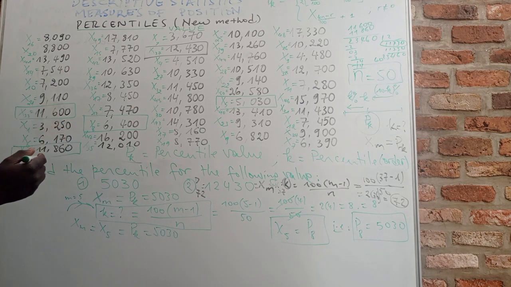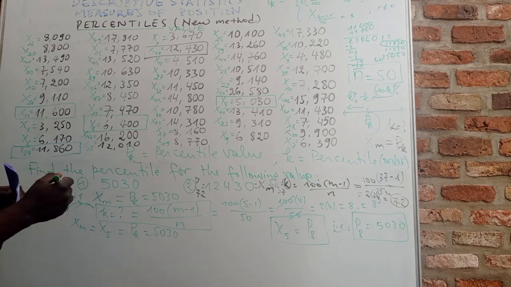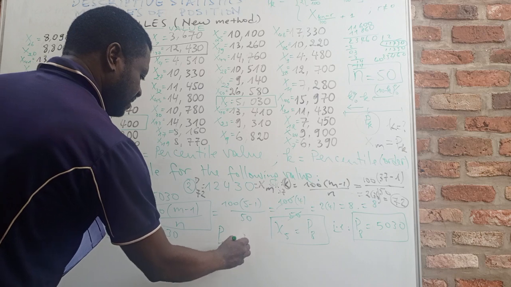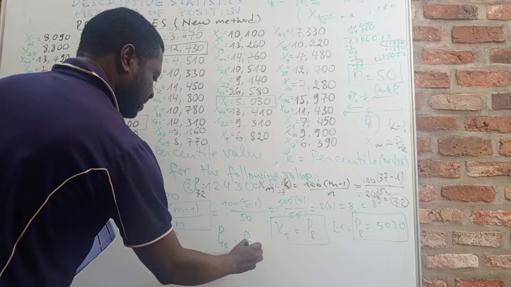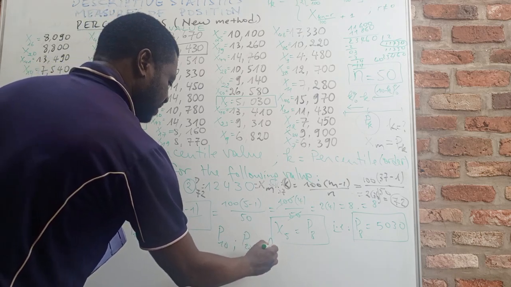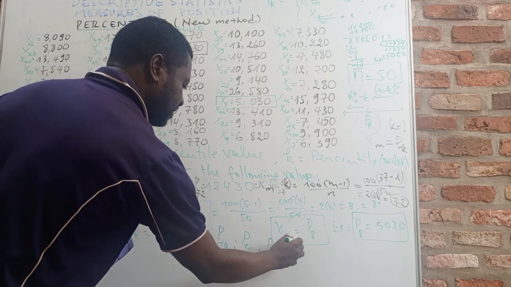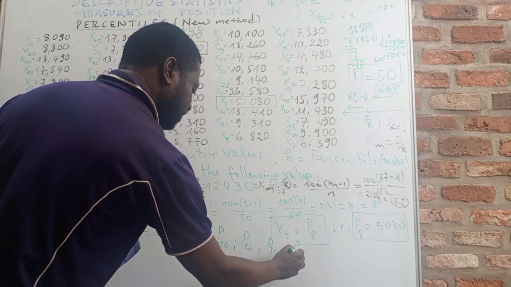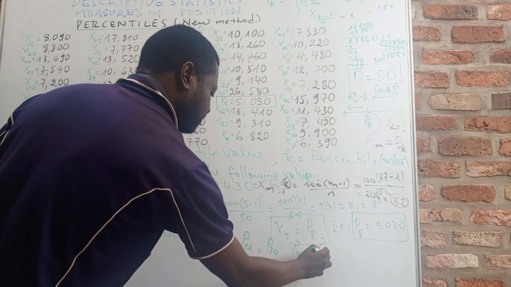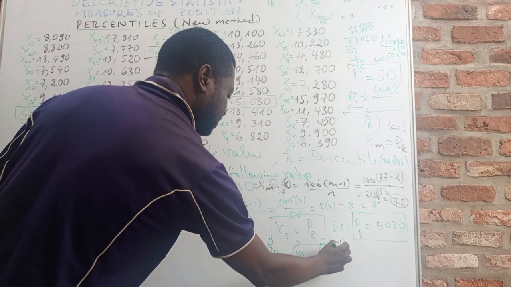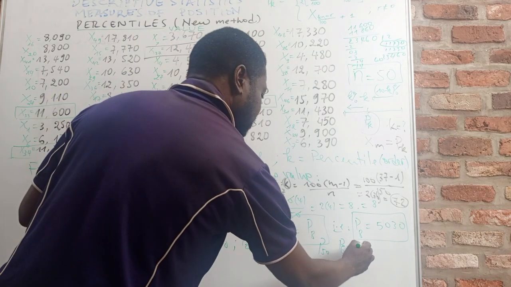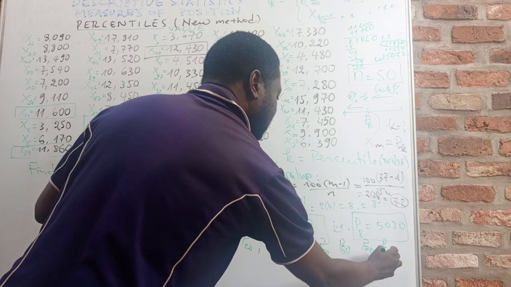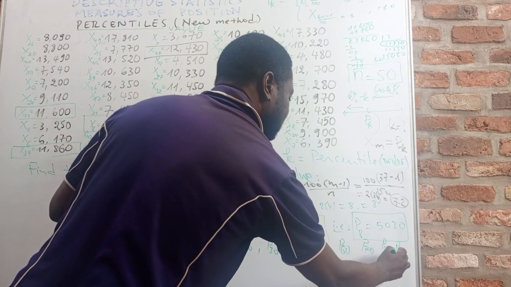We are also going to introduce in that video that there are percentiles with special names, like the percentile of order 10, order 20, order 30, order 40, order 50, order 60, order 70, order 80, and order 90.